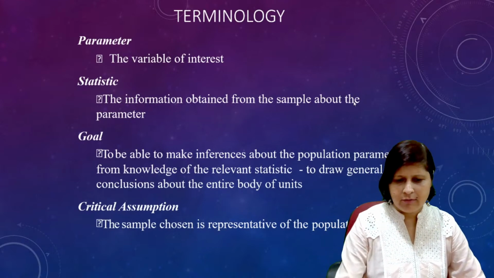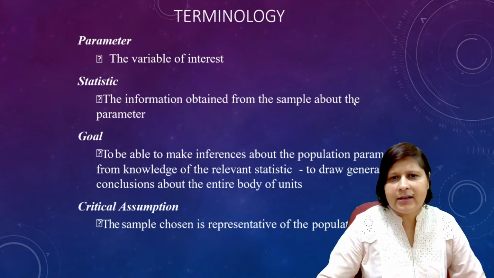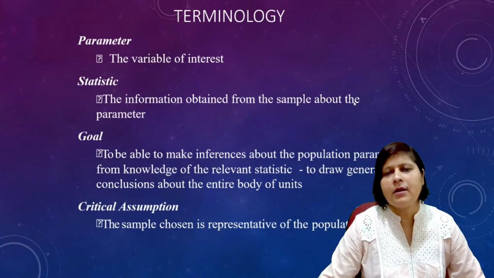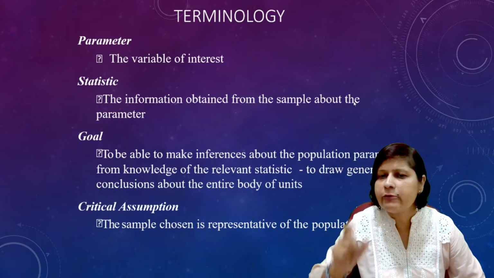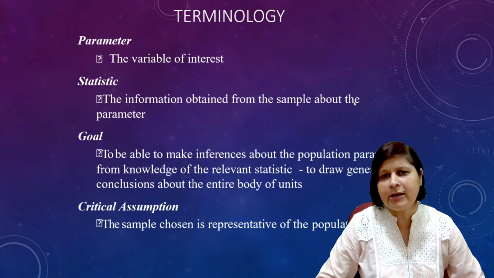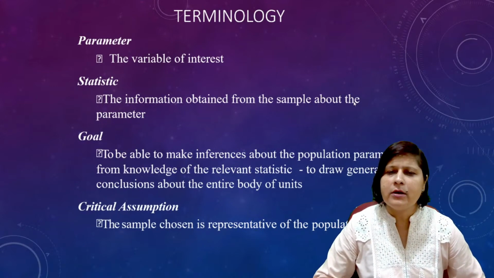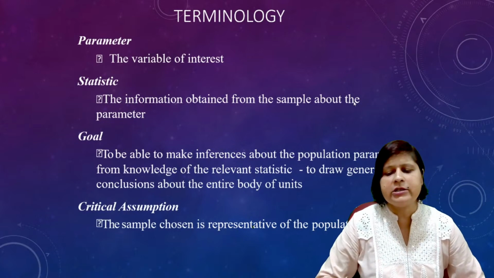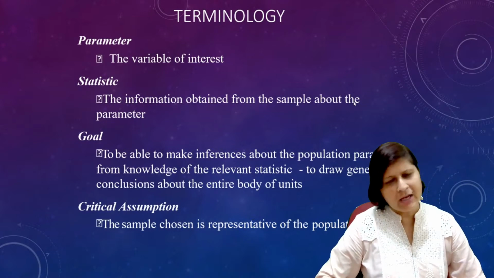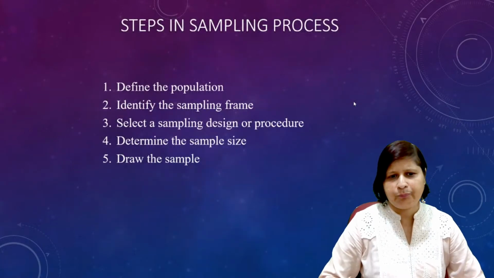That is our goal, right? What is the critical assumption? That the sample chosen is representative of the population. We can only generalize our result if the sample chosen is representative of our population. Then only we can generalize the results.